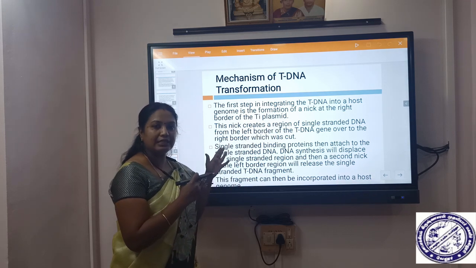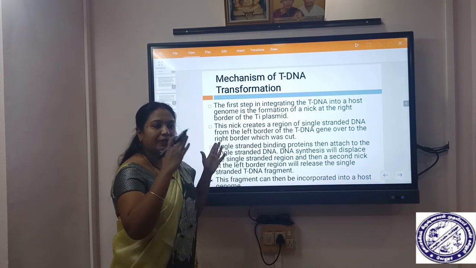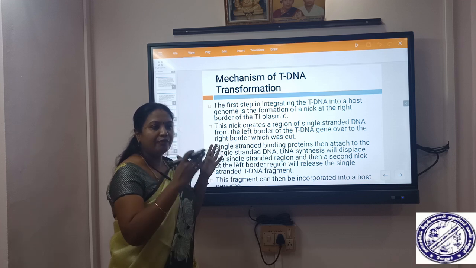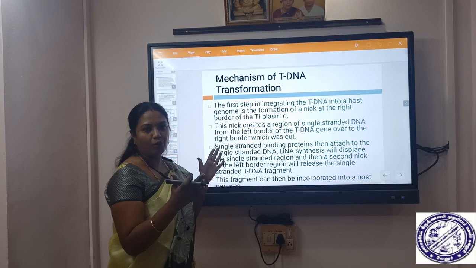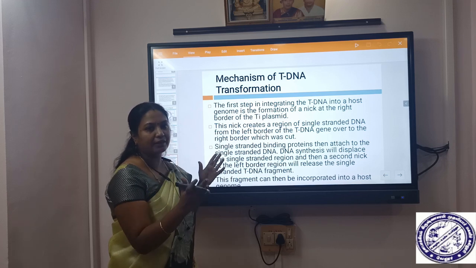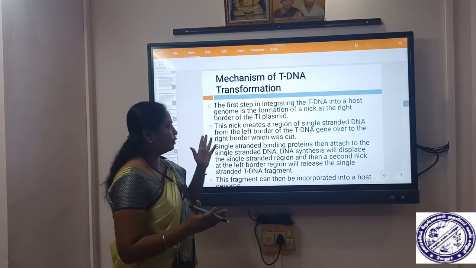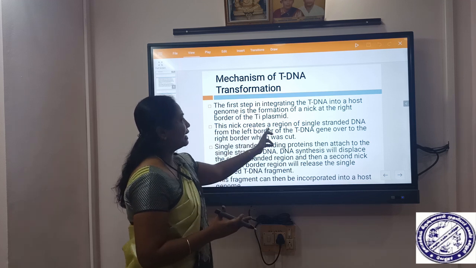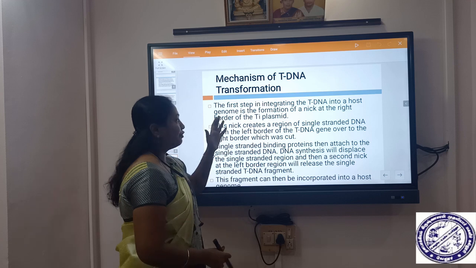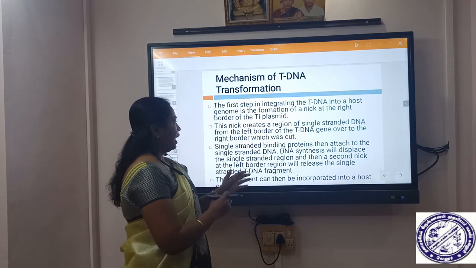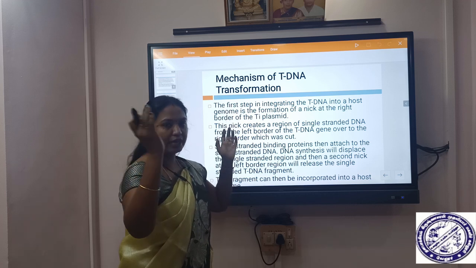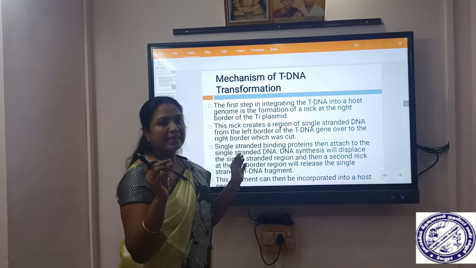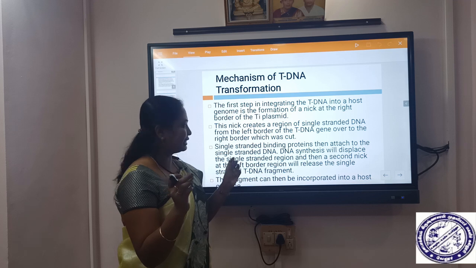In the earlier slide I told you that the transfer of tDNA will get initiated from the right border. So the nick will be formed first at the right side and it gets continued towards the left. It creates a region of single stranded DNA from the left border of the tDNA over to the right border, and it gets cut off, walled off. So you have now the tDNA portion separately.